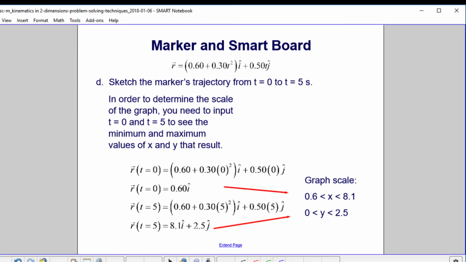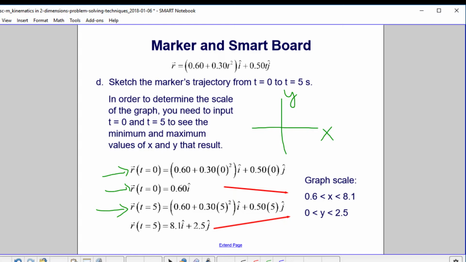We have to know what our min and max values of x and y are because, why is that? Well, we'll be graphing x and y. Now they depend on t, so what we're going to do is find out what the position is at time t equals 0, and that's this, and the position at time t equals 5, and see what values of x and y they have.